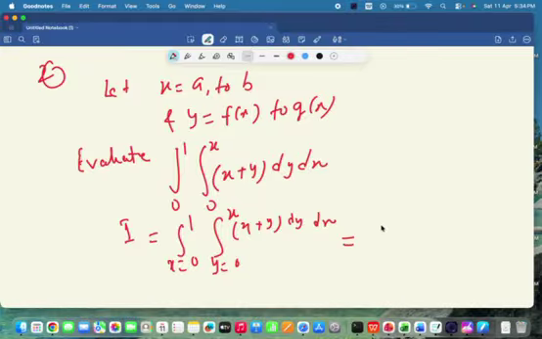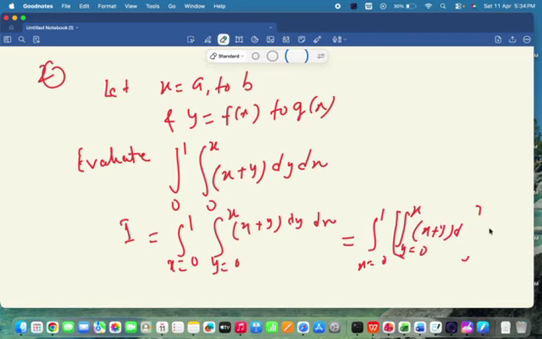Okay, so in this case, firstly I will solve this y limit. y is equal to 0 to x, x plus y dy, and then the limit of dx.